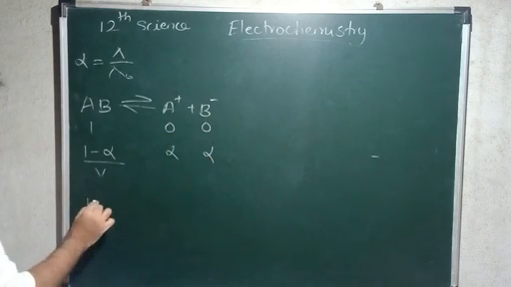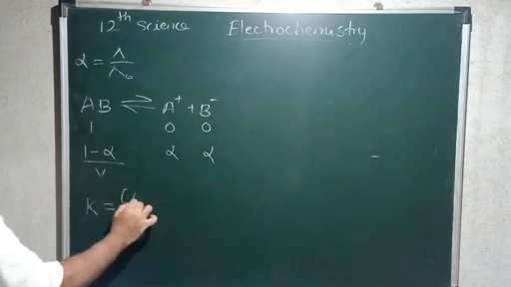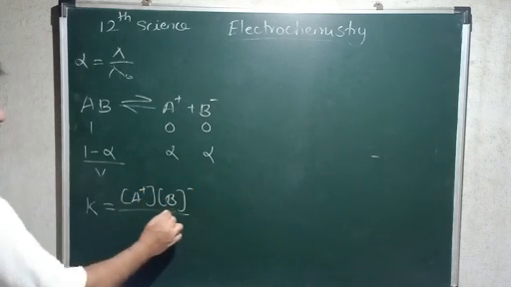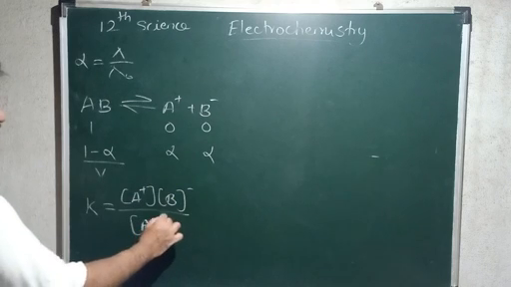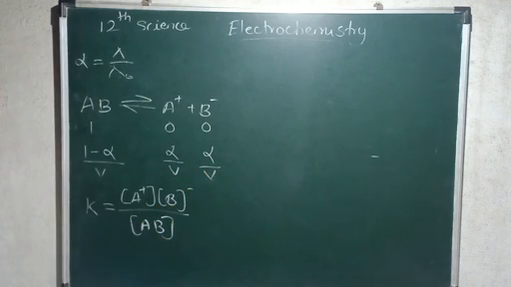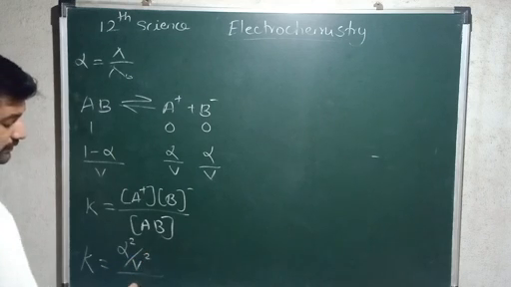To find out the concentration of A plus and B minus ions, we divide this whole term by V, so we get the terms in the form of concentration. Substituting these values, we get alpha square upon V square into 1 minus alpha by V.